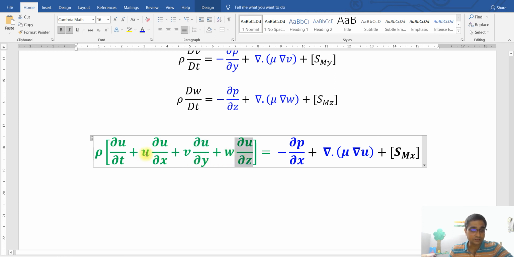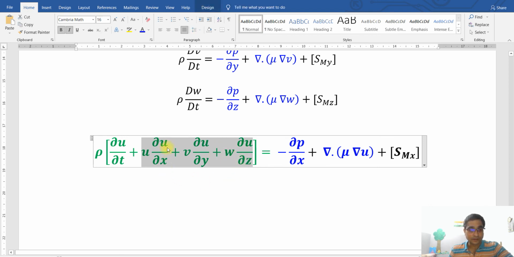Okay, rho u square, as you can see, is the kinetic energy of the fluid, and so the contribution of the turbulent flow by this component is very huge.